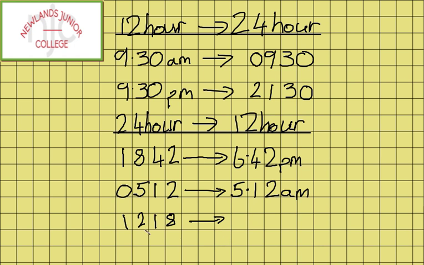Well, if it's 12, you simply take 12 away, and you end up with 0. The minutes stay the same. The key now is, is it more or less than 12? Well, it's neither. So is it AM or PM?